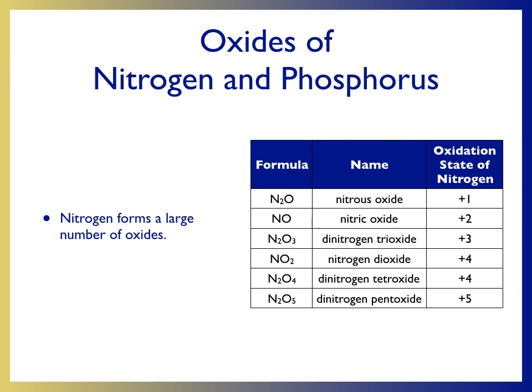Again, please do not worry about memorizing all these different oxides of nitrogen. Just realize that nitrogen forms a variety of oxides due to the fact that it has several different oxidation states.